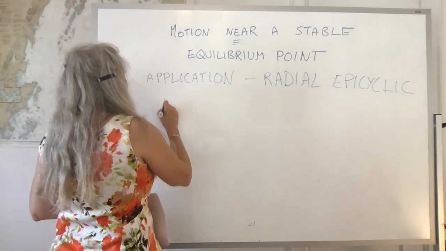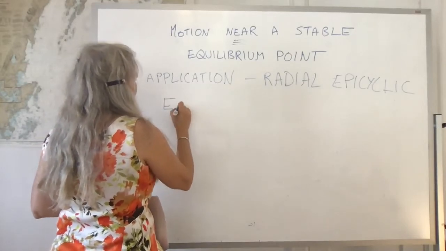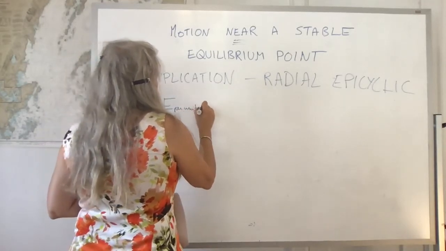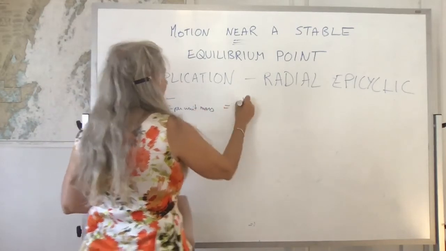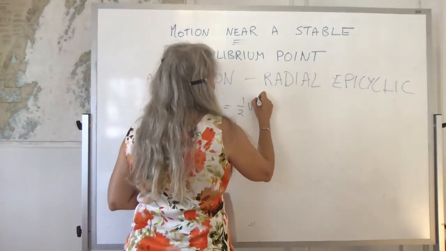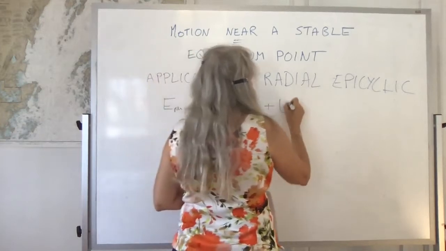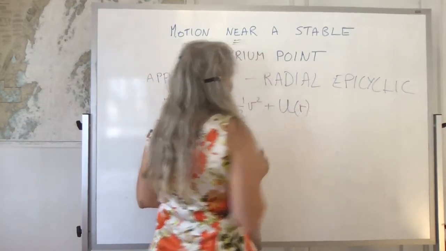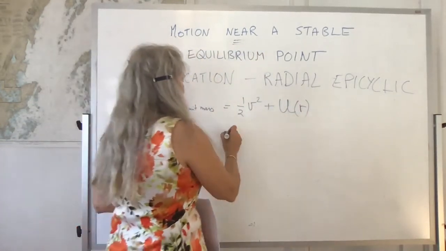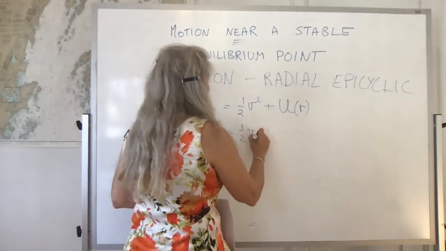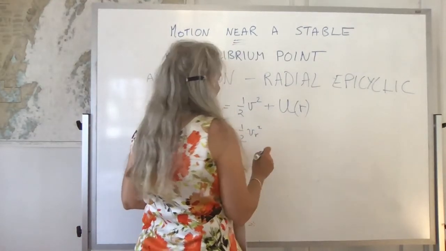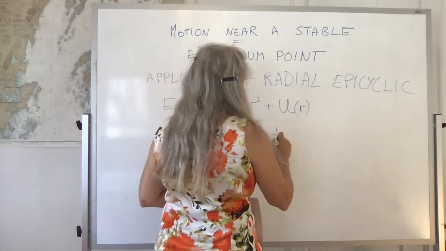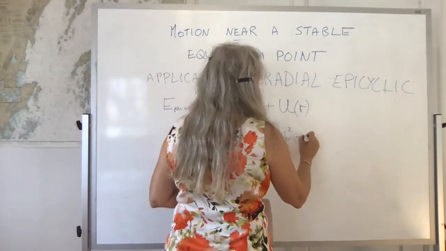We took the energy per unit mass, which is 1/2 v squared plus the potential energy, which is a function of r. We expanded this into the radial component of velocity plus the tangential component of velocity.